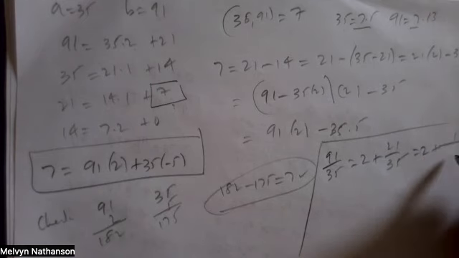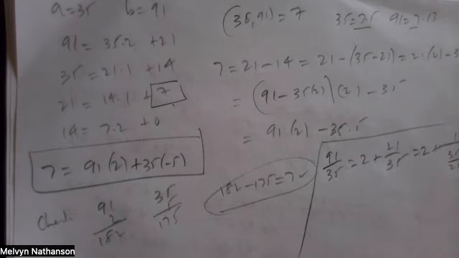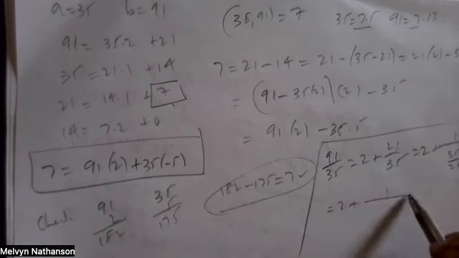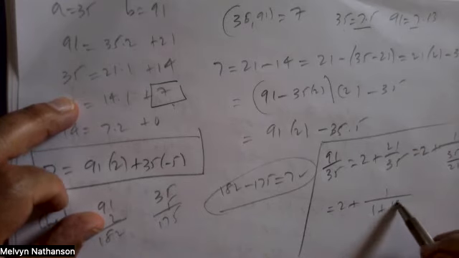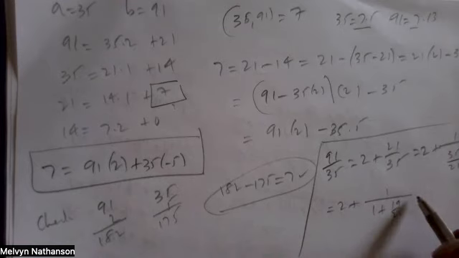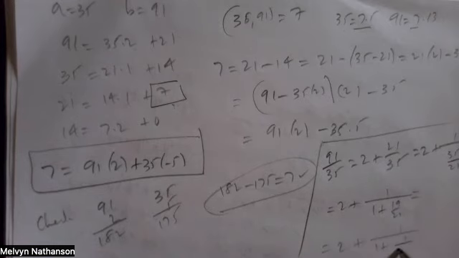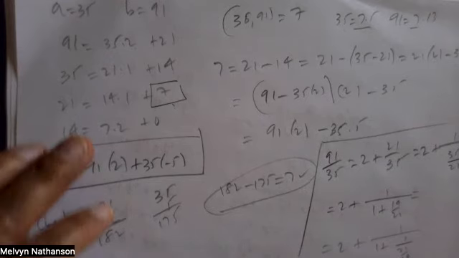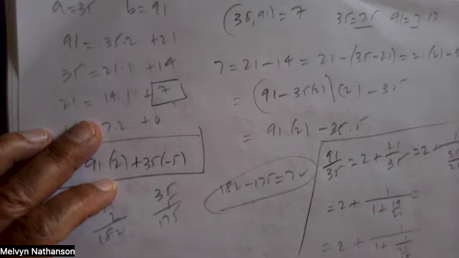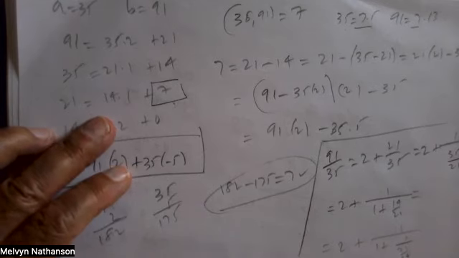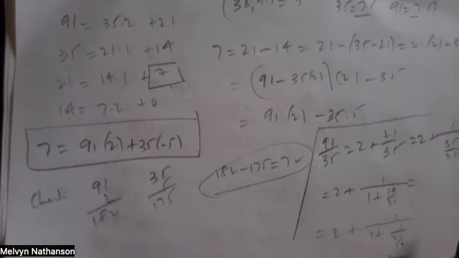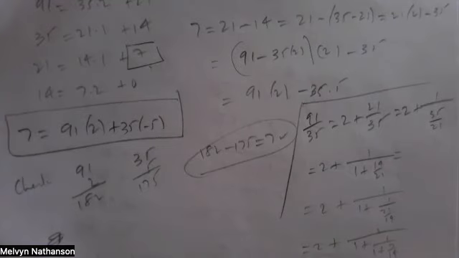That's 2 plus 1 over 35 over 21. That's 2 plus 1 over, and according to this, 35 over 21 is 1 plus 14 over 21, which is 2 plus 1 over 1 plus 1 over 21 over 14. 21 over 14 is 1 plus 7 over 14, which is 2 plus 1 over 1 plus 1 over 1 plus 7 over 14, which is a half.